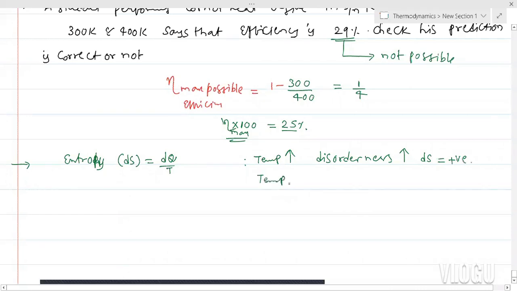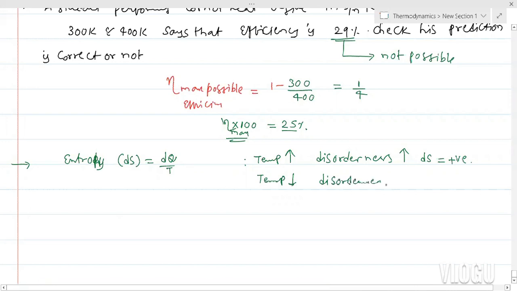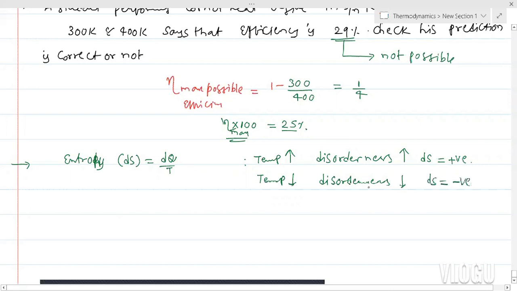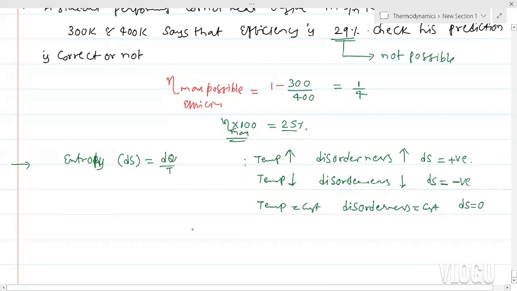When temperature decreases, disorderliness decreases, so dS will be negative. When temperature is constant, disorderliness is also constant, so dS equals 0.